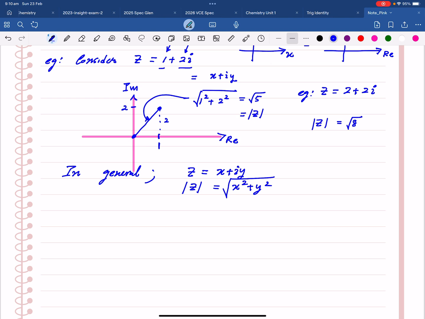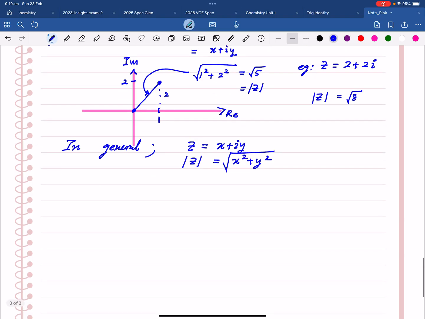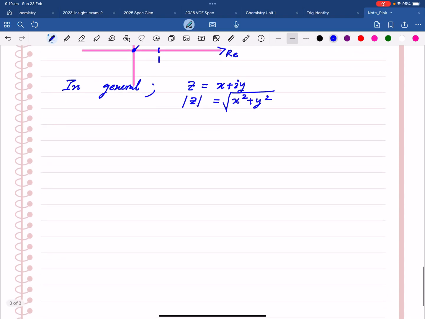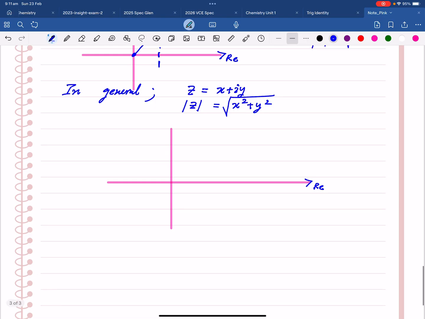That's important. Now, if you want to plot x and y, look at this. This is real, this is imaginary. If you want to plot x and y, they can be everywhere. That can be here, here, here, anywhere.